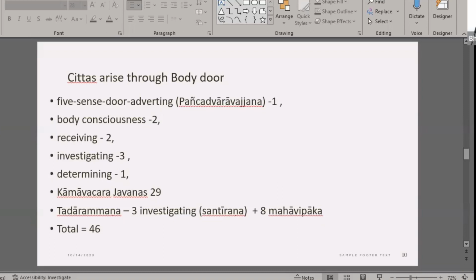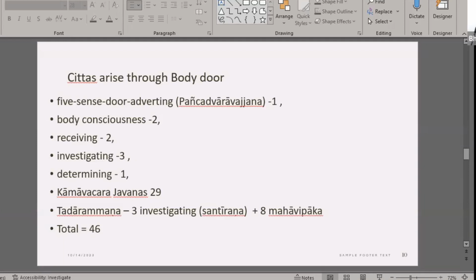Then the body-door. Chittas arise through the body-door. When we feel something cold or hot, or softness or hardness, at that time it first strikes the body sensitivity or body door. Then five sense door adverting consciousness, Pancadvaravajjana, arises. Body consciousness arises. If it's a desirable, pleasurable object, kusala vipaka, sukhasahagata kaya vinnana.